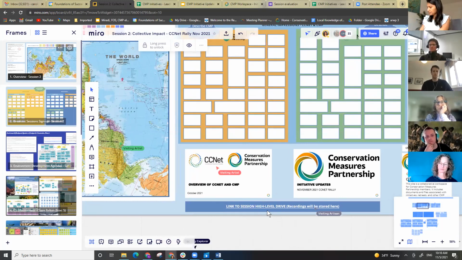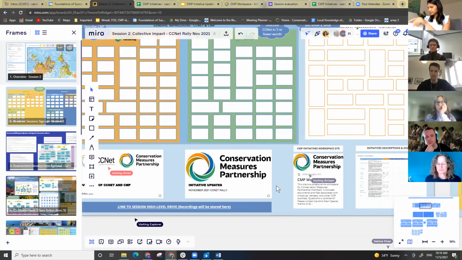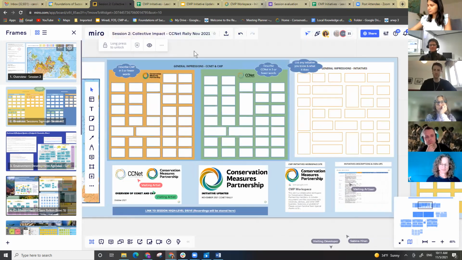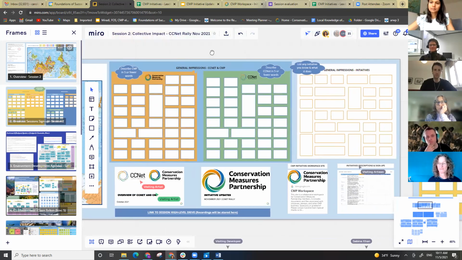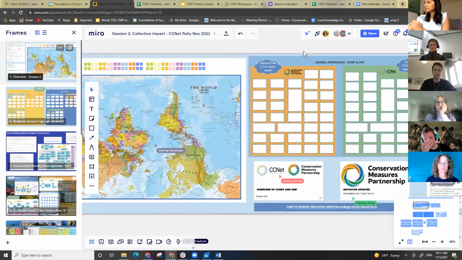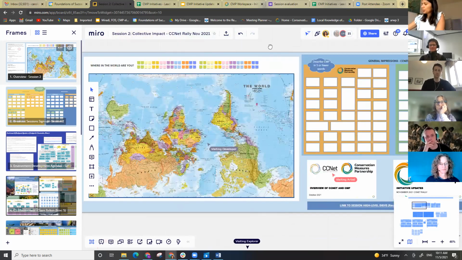There's also the high-level session drive, where we'll have recordings and some of these materials, a link to the CMP workspace, and et cetera. So you can always come back to this Miro board and find links that you might need. We'll also create a PDF version of it and upload that to the session drive.